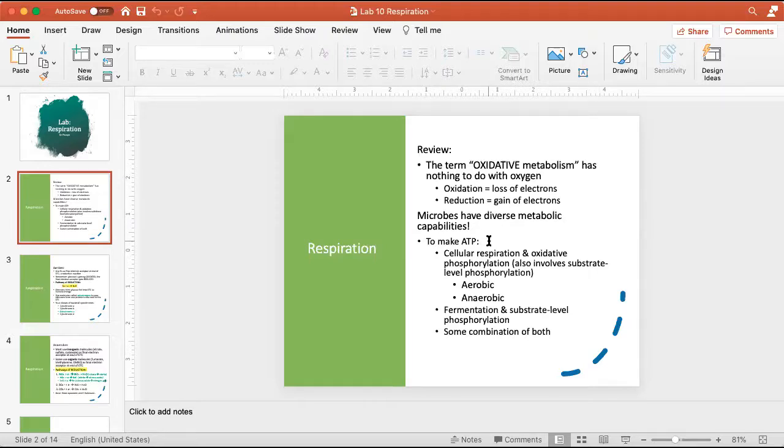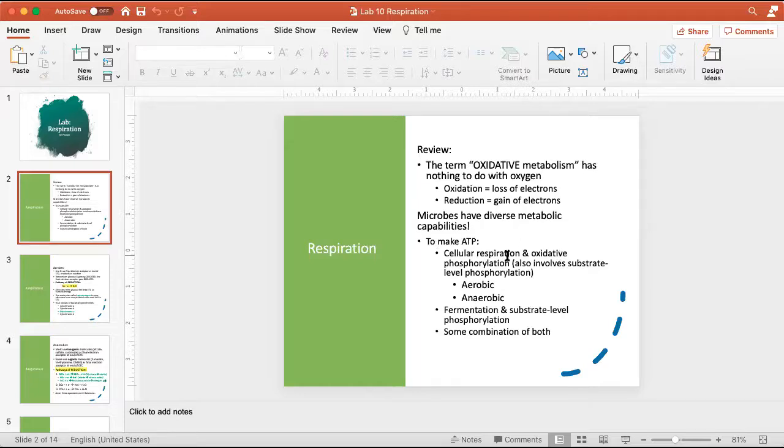So there are different ways to make ATP: cellular respiration, and what we call oxidative phosphorylation. Again, nothing to do with oxygen. This is redox phosphorylation. This is the kind of metabolism that is very, very efficient at making ATP.